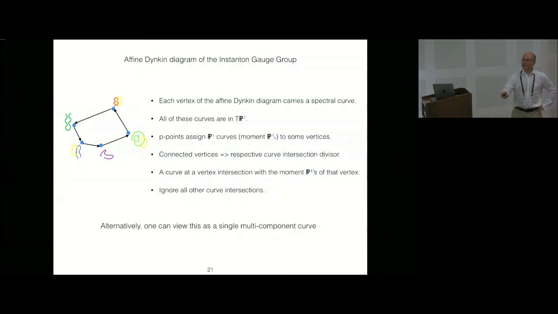And then a curve at a vertex intersection with a moment P1 is also marked. So if these two are sitting at the same point, then you mark that divisor as well. One can view all this as a single multi-component curve, but some of these intersections are counted, they're actually a single point, and some are not. You actually have to, well, resolve it if you like.